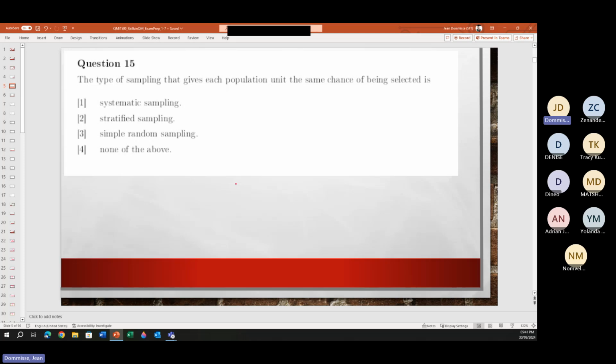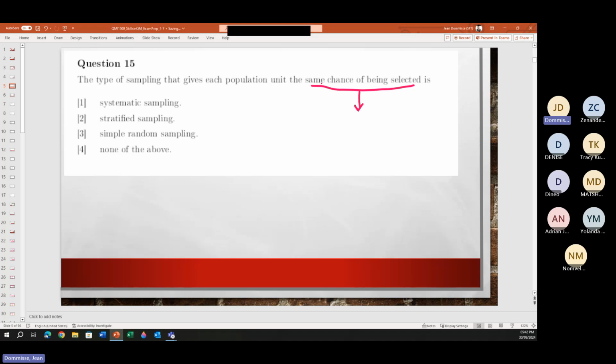But they can ask you about the theory of sampling techniques. So here they ask us the type of sampling that gives each population unit the same chance of being selected.